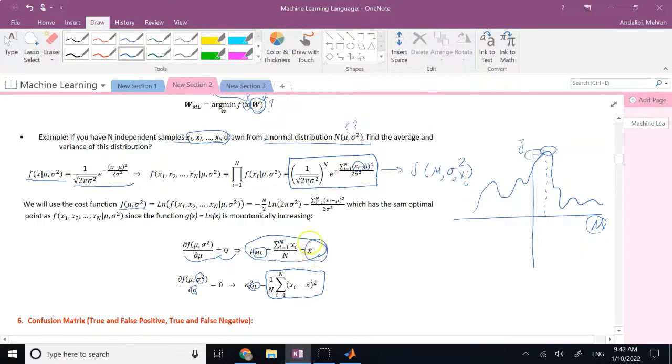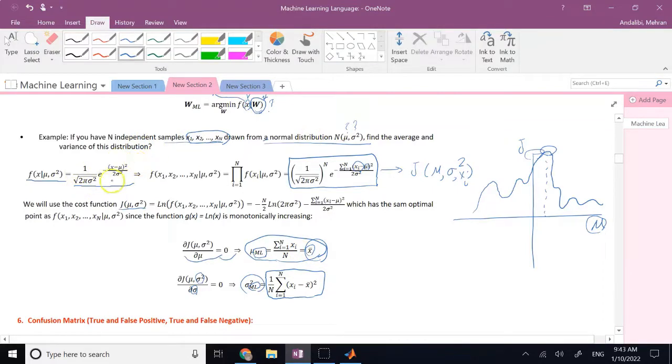All I can do is to just get a sample of the data. And if I get this sample and this sample is a bunch of independent data, then I can just look at the average of my sample and the variance of my sample and say those are a good representative of what? Average of the population and the variance of the population. And this is what the maximum likelihood could do for you if your data is normal.